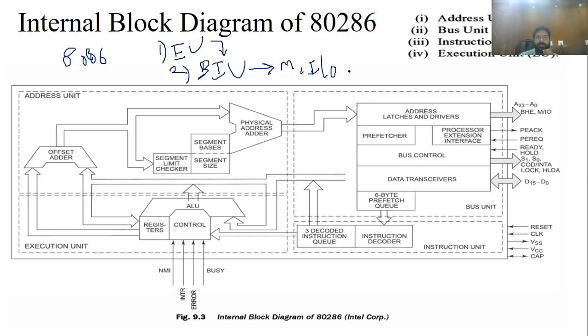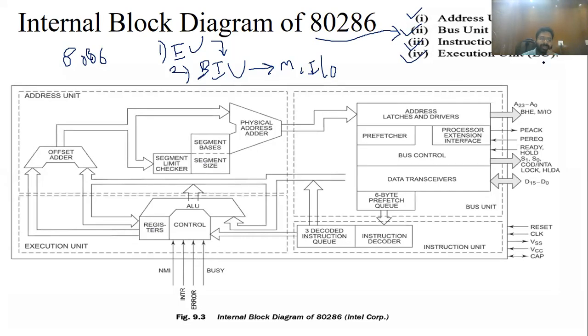Similarly, the 80286 is divided into four different categories: address unit, bus unit, instruction unit, and the execution unit. The execution unit is responsible for decoding the instruction and giving commands to the bus unit.